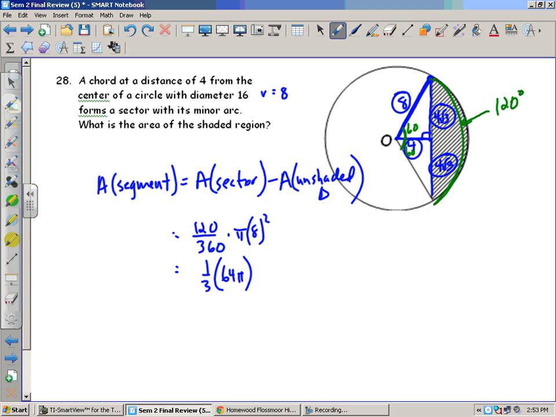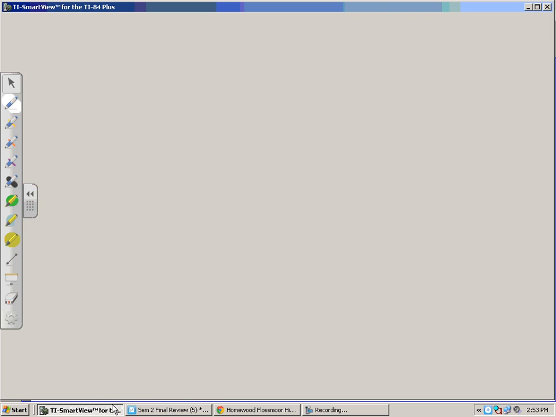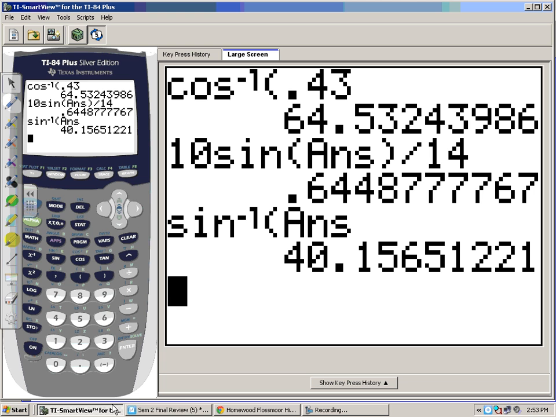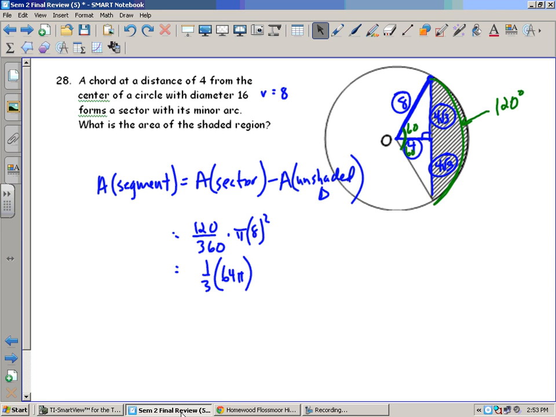My calculator here doesn't seem to want to work, so we'll just pull this back up. So 1/3 of 64 pi, I think it's going to be 64 over 3. It doesn't break down. So the area of the sector is going to be 64 pi over 3.